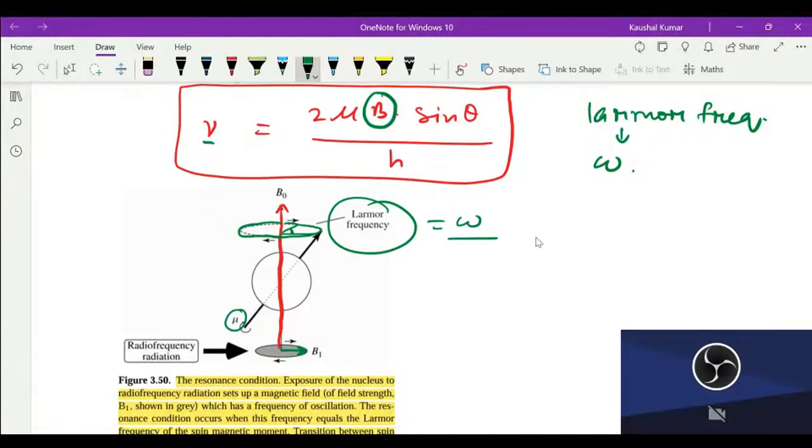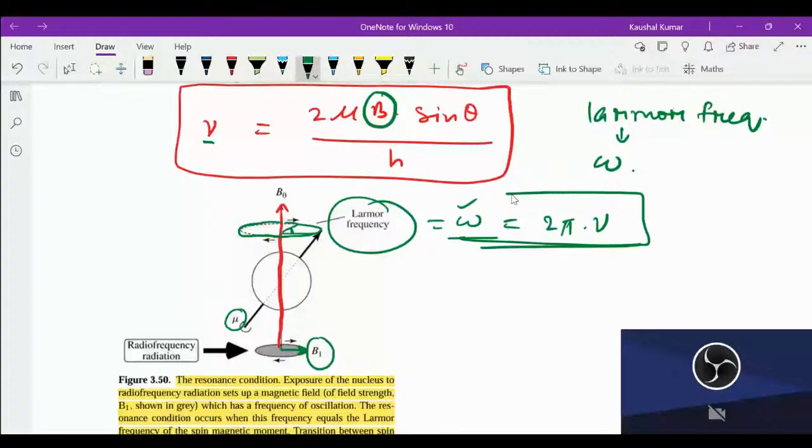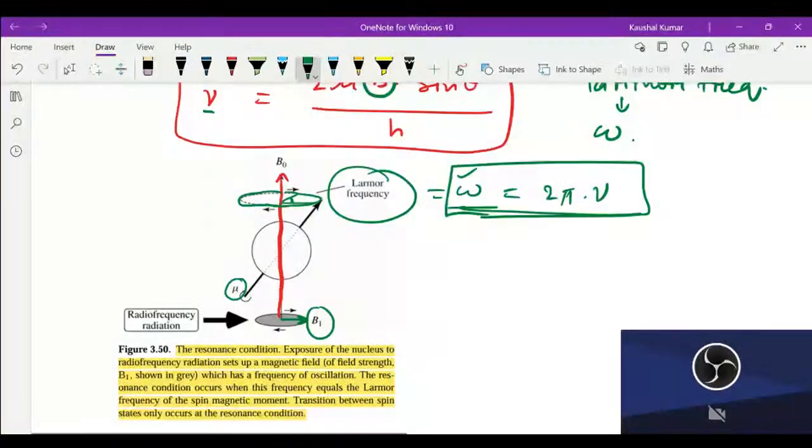So if you find the frequency of this value, or the magnetic field which will give you this frequency, then you apply it to the atom or molecule. So ω = 2πν. This is the frequency for the energy.